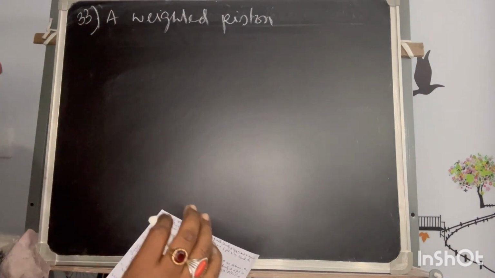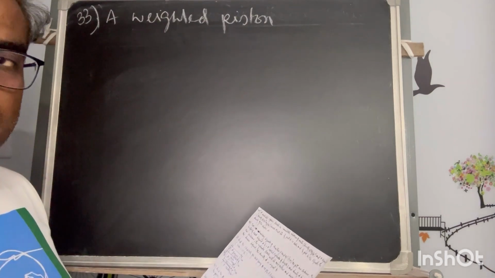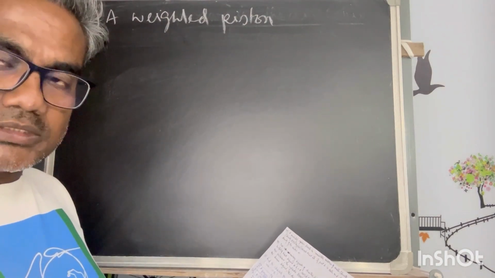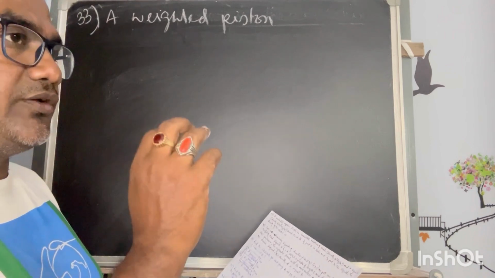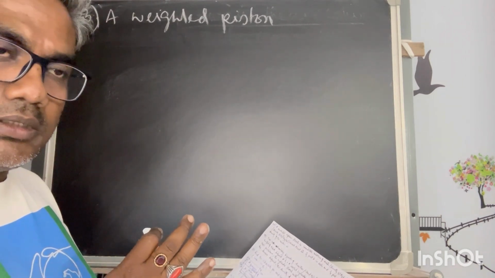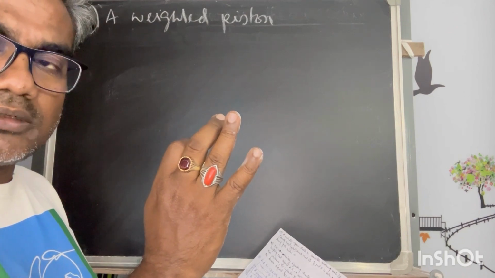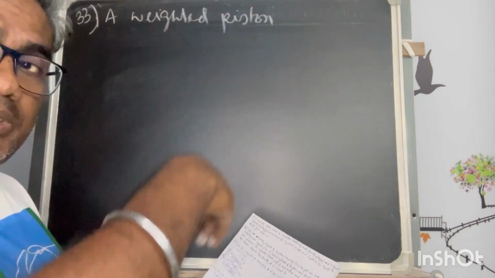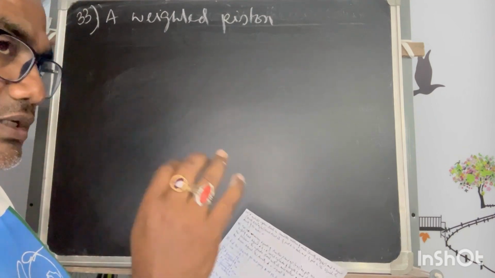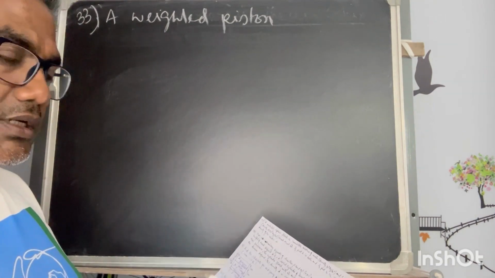Massless means whatever the weight of the piston, it will not cause any deviation in the pressure in the system. And frictionless means there is no resistance force acting against the force created by PA to diminish its value. This is the ideal condition that is given.